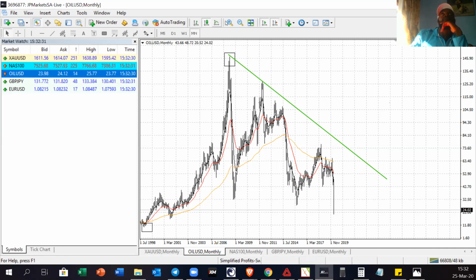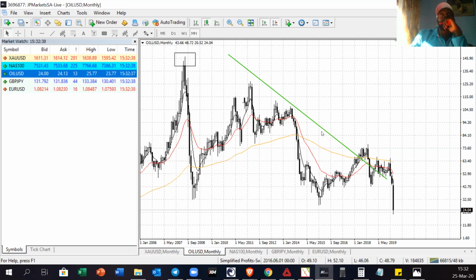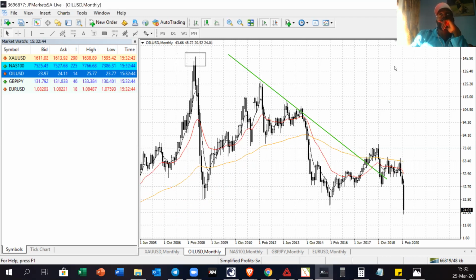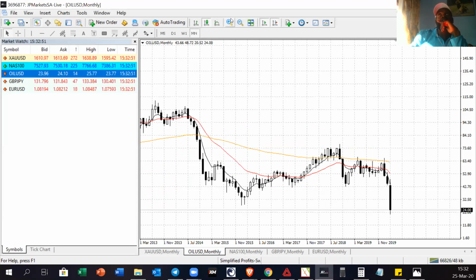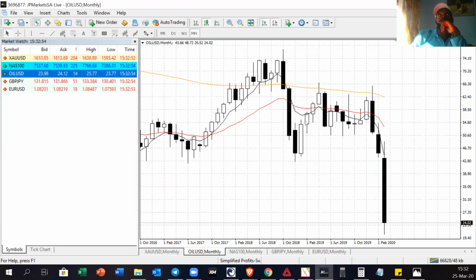Let's get technical. So first thing to identify always is to identify the extreme for the previous month, the extreme for the previous week, and the extreme for the previous day.